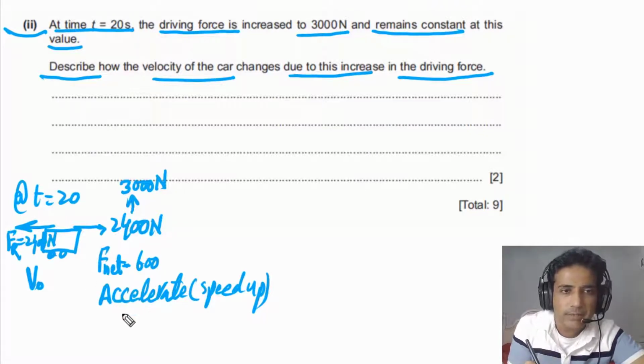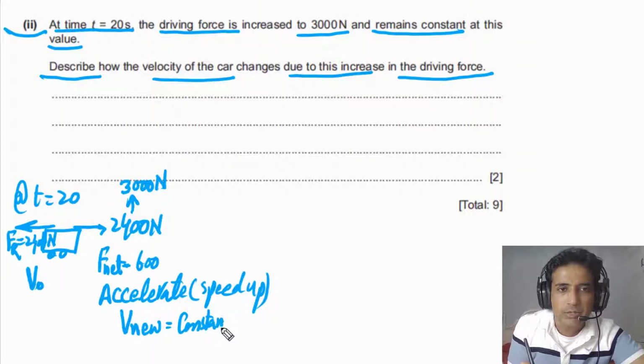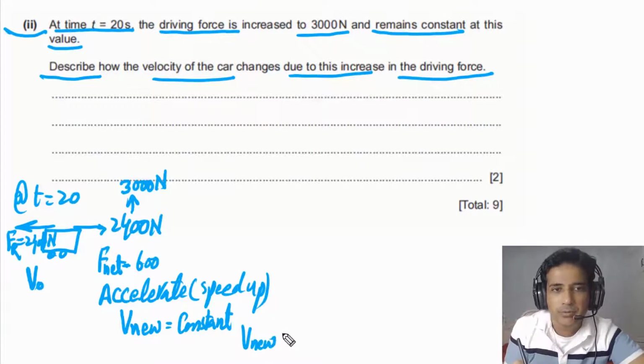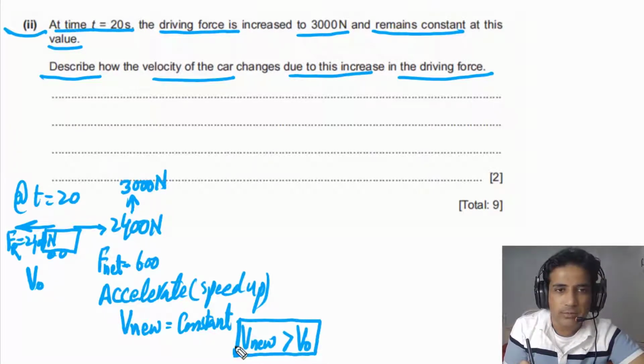And finally, the car will reach a constant velocity, we can say V new. This velocity is also constant, so we can say this is the maximum speed of the car. And this V new will be greater than V naught because the car sped up. So V new has to be greater than V naught. That's all you need to understand to answer this question.